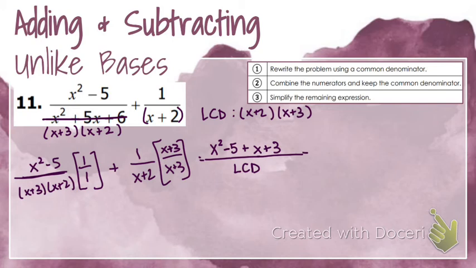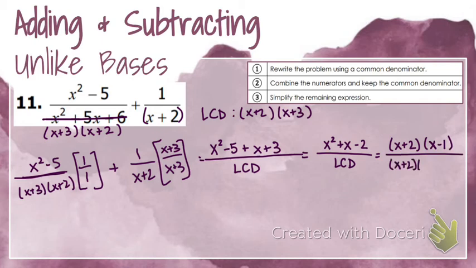Then we can combine like terms on the top to get x squared plus x minus 2 over the LCD. Then we can factor the top to get x plus 2 times x minus 1. And here I'm going to write our LCD back in because we're factored and we're ready to see if anything gets canceled. So we can see that the x plus 2's will cancel and we get x minus 1 over x plus 3.